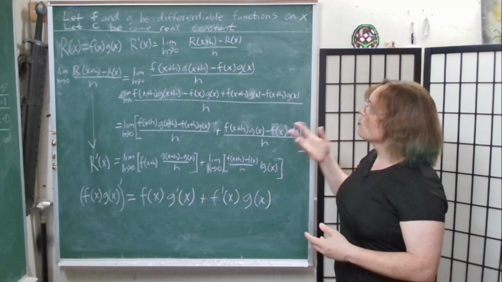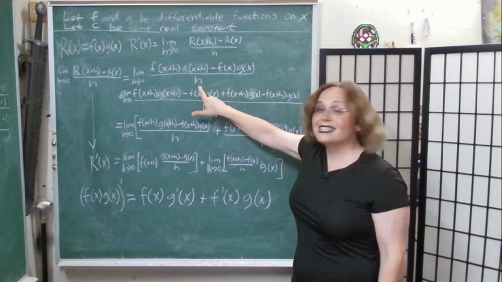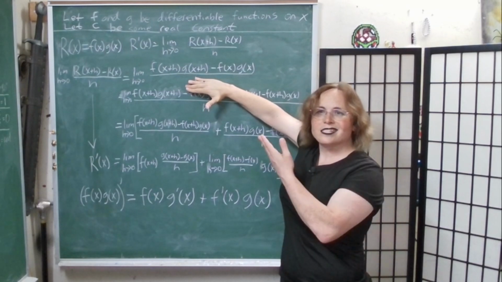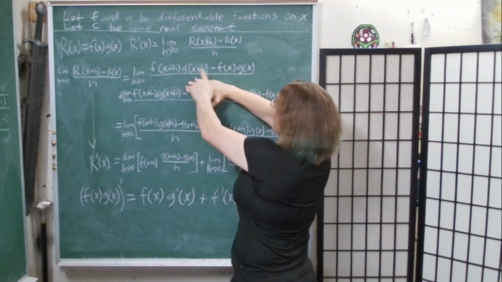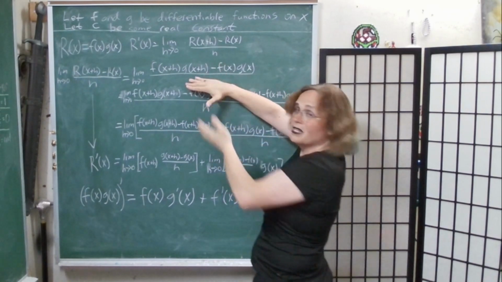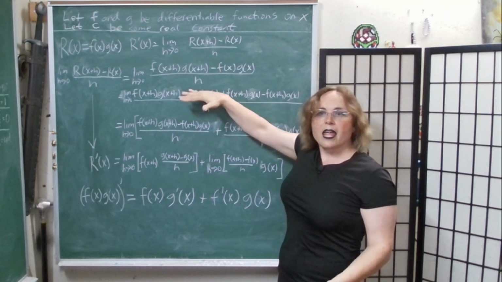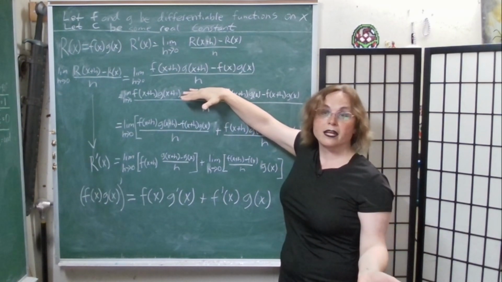In this situation, the thing that's causing us a problem is this h right here. Because if this wasn't here, we could easily take that limit and we would get f of x, g of x minus f of x, g of x. That would be 0, but we could take that limit. That h, though, means that we can't take that limit because this becomes undefined.